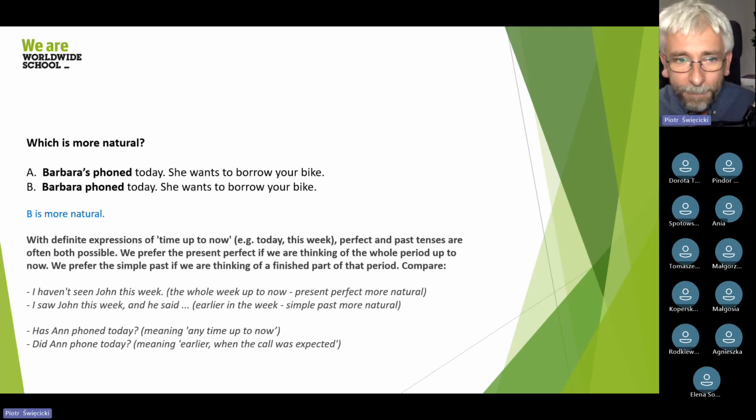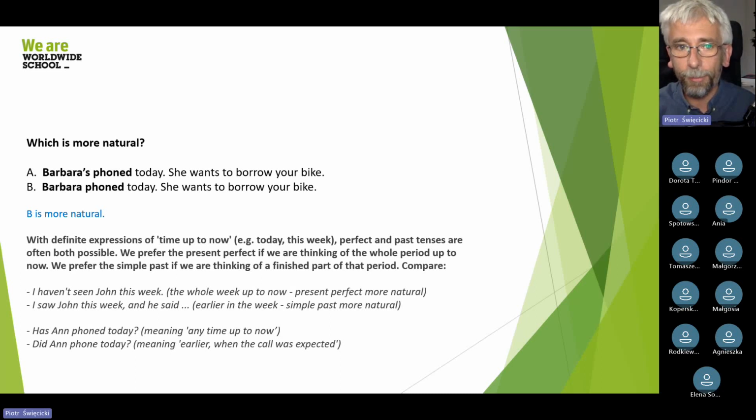And here's a little story. With definite expressions of time up to now, like today, this week, this year, perfect and past tenses are often both possible. We prefer the present perfect if we are thinking of the whole period, it's not finished, whole period up to now.